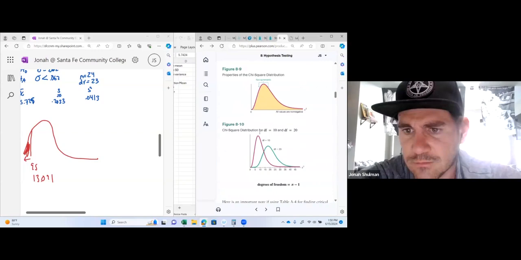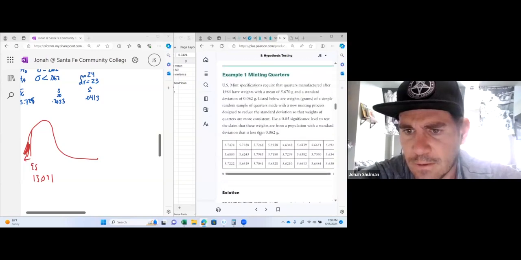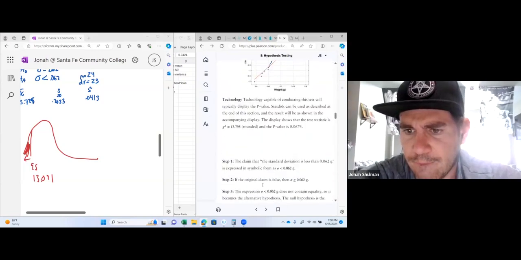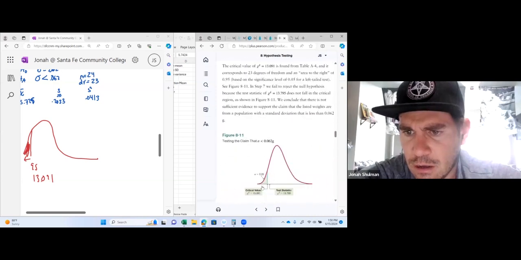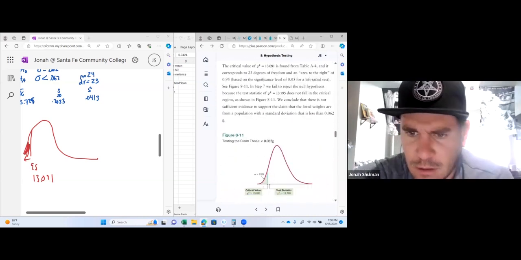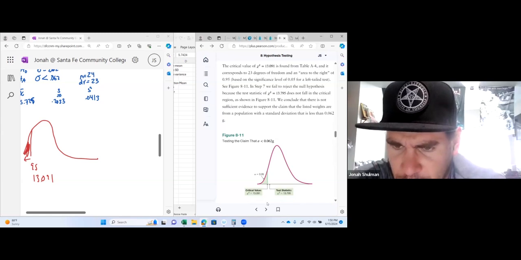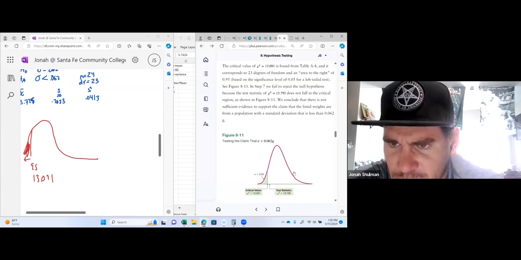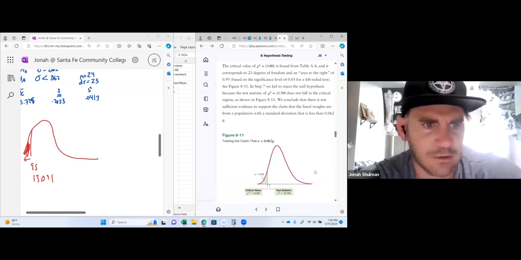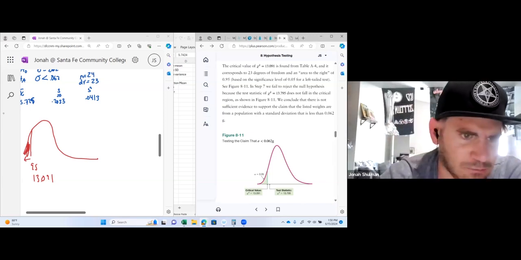Let's look at it. Okay, we're testing the claim that this is it. The critical value is this. We're bigger than this. We're not here. We have to be in this range, right? We have to be here.